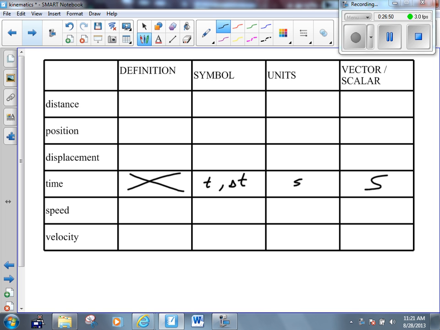What time is it? Oh, it's 11:21 north. There's no direction with time, right? Time is a scalar. How long did it take you to write that test? Oh, it took me an hour to the west. You don't say that. There's no direction associated with time. It's a scalar.